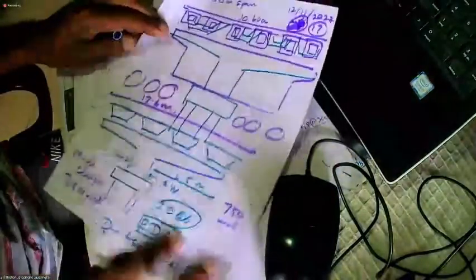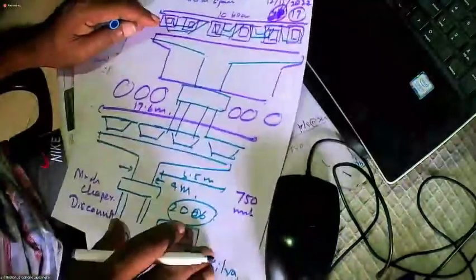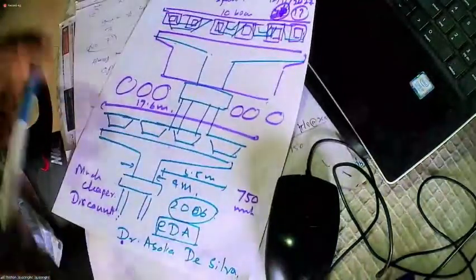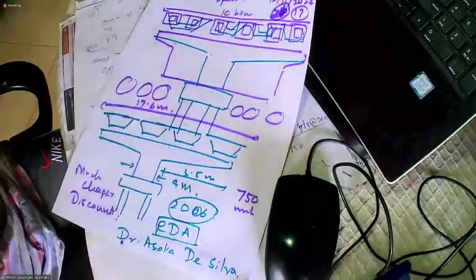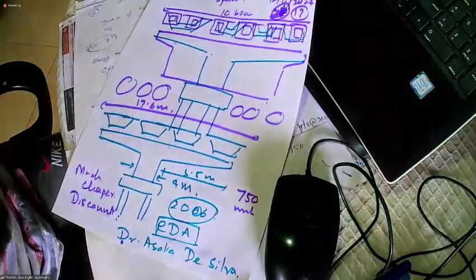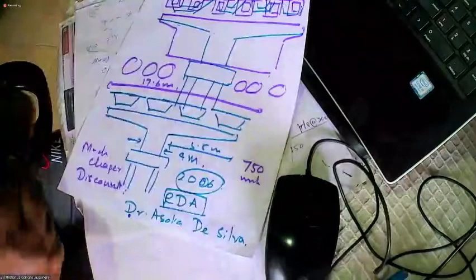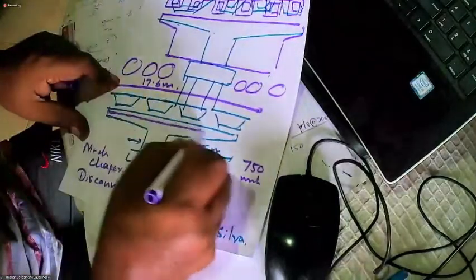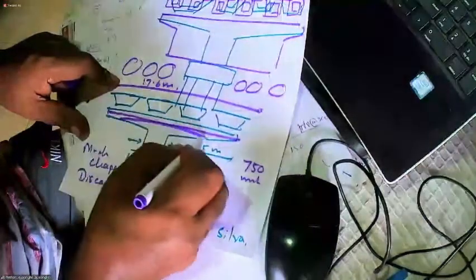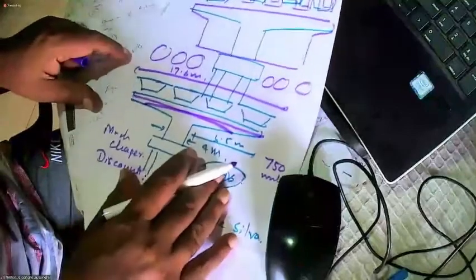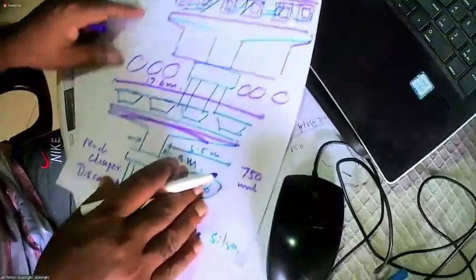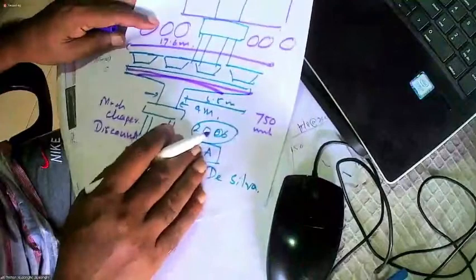So just look at this and try to understand the philosophy. And how do you achieve this? You go for prestress. Otherwise, 5.5 meter cantilevers are not possible with RC.